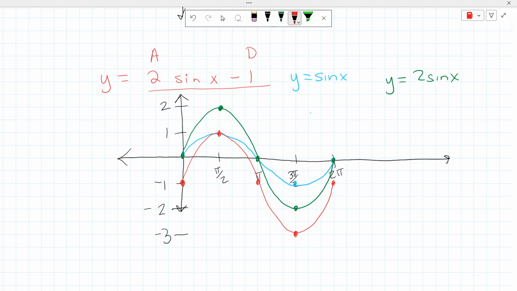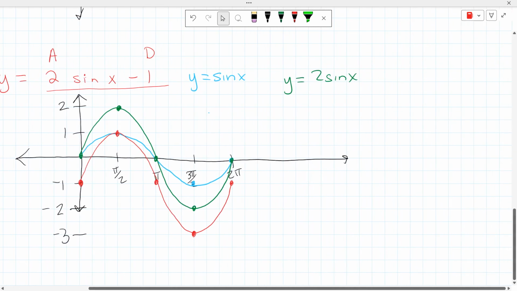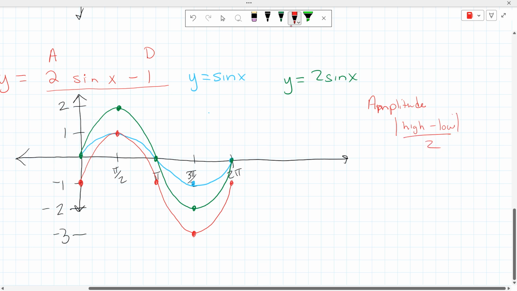Okay? Now we're going to answer some questions. Okay? What is the amplitude of this graph? An amplitude is the absolute value of the high minus the low divided by 2. The high minus the low divided by 2.